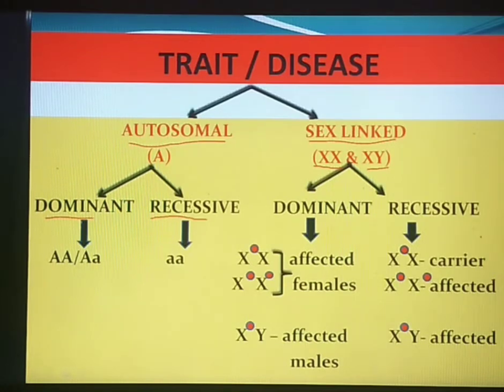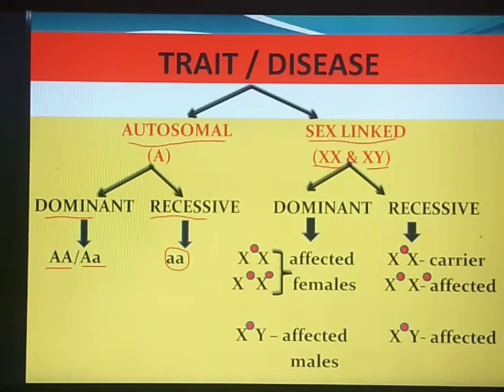If it is dominant, there can be homozygous alleles or heterozygous alleles, so we have to write capital A capital A, or capital A small a. And if it is recessive, then we have to write small a for an autosomal linked disease or trait. Whereas sex linked diseases, again they can be dominant or recessive.